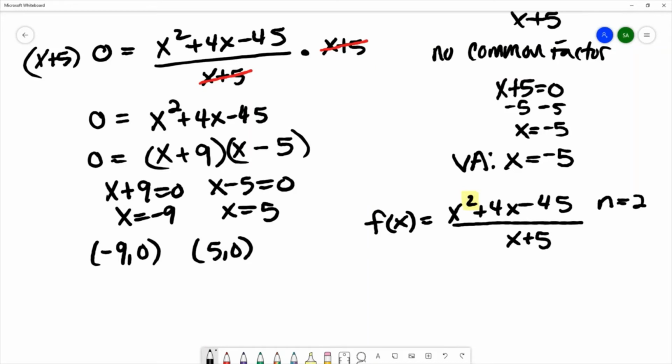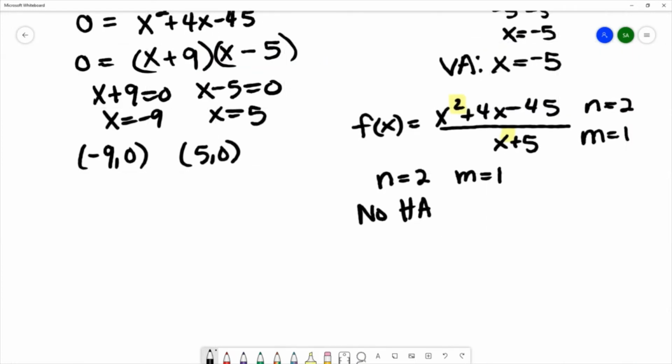And the degree of the denominator is the highest power on x from the denominator. That would be m being 1. And anytime the degree of the numerator is 1 larger than the degree of the denominator, you're going to have no horizontal asymptotes. However, you do have something called an oblique or a slant asymptote. And you can find that slant asymptote using long division.